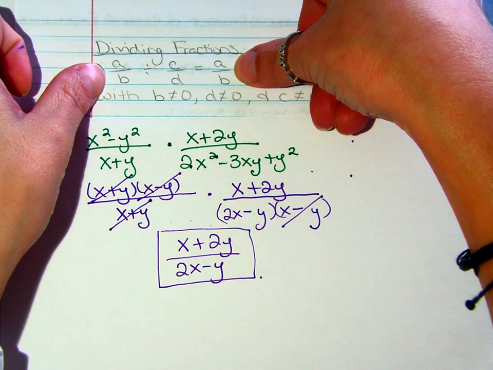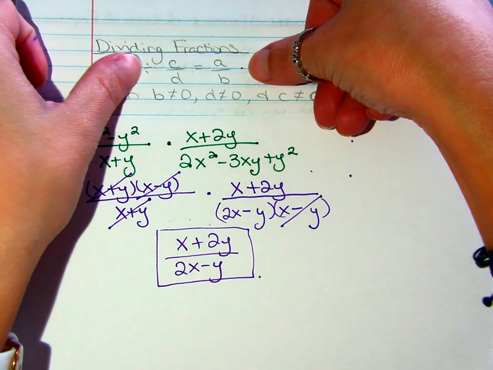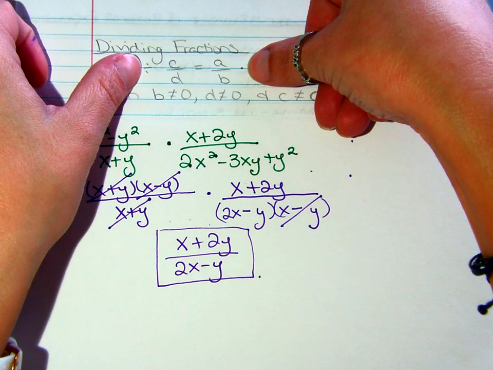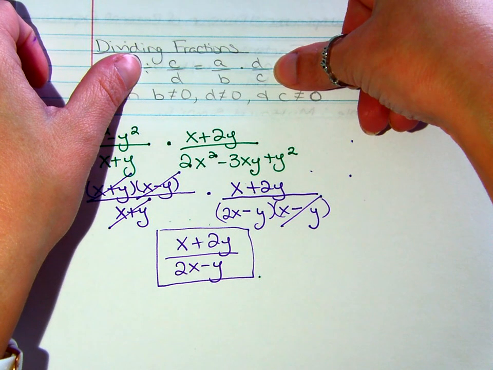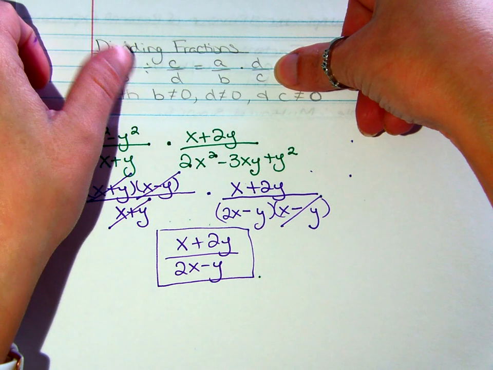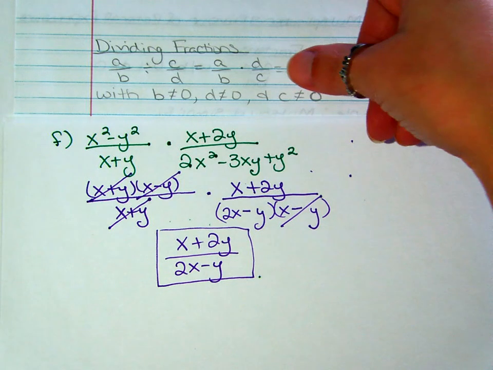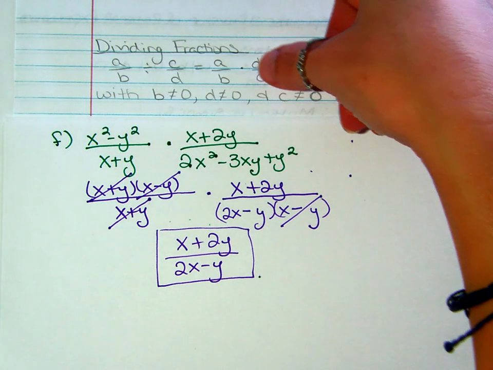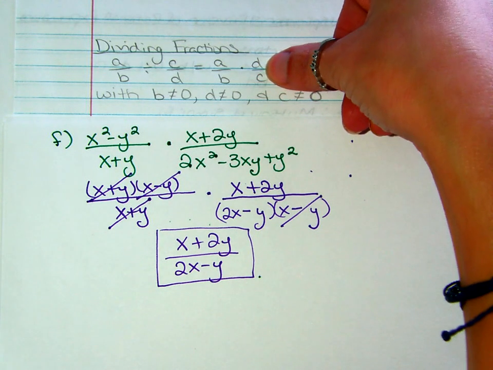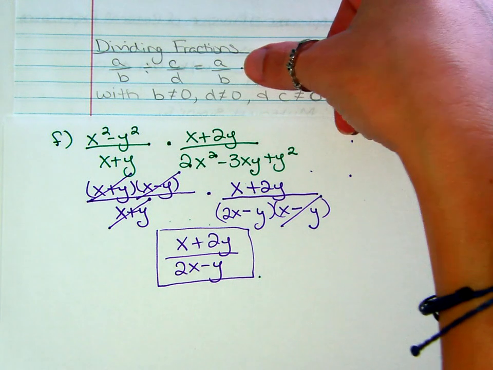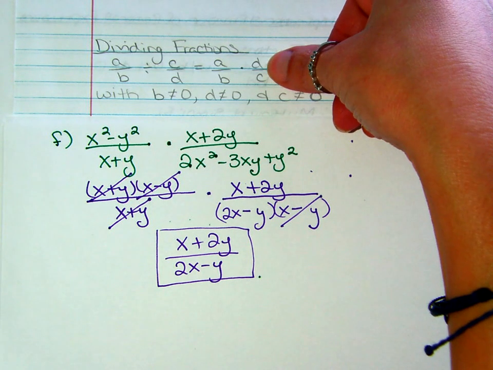You change from division to multiplication, and you flip your second fraction. So a shorthand way of remembering it is: keep it, change it, flip it. That's what you're going to hear me say a lot. Keep it, change it, flip it. And then it's a multiplication problem.